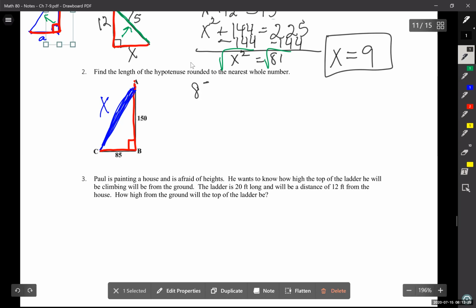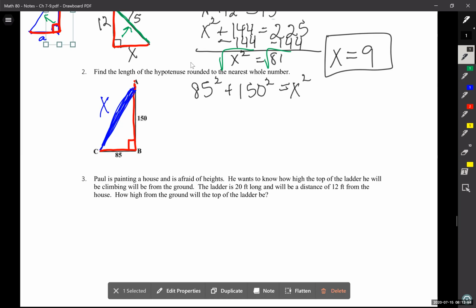So I'm going to add up my leg 1 squared plus my leg 2 squared. So 85 squared plus 150 squared, and that's going to equal x squared. All right, all my numbers are on the left, so I'm going to follow the order of operations. I'm going to do 85 squared.